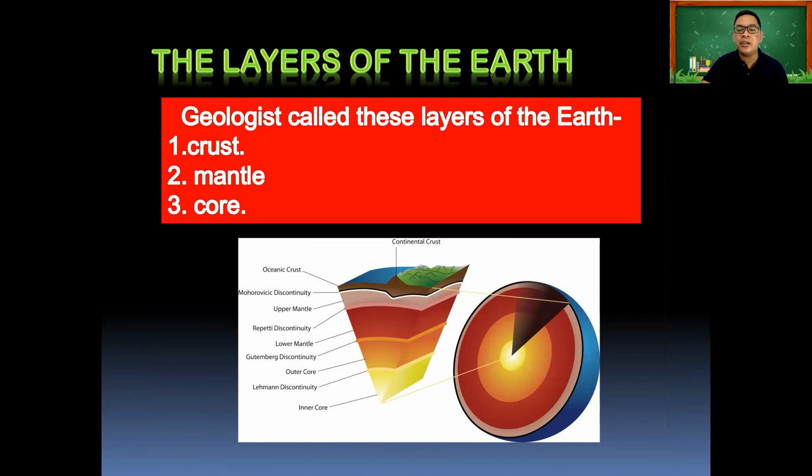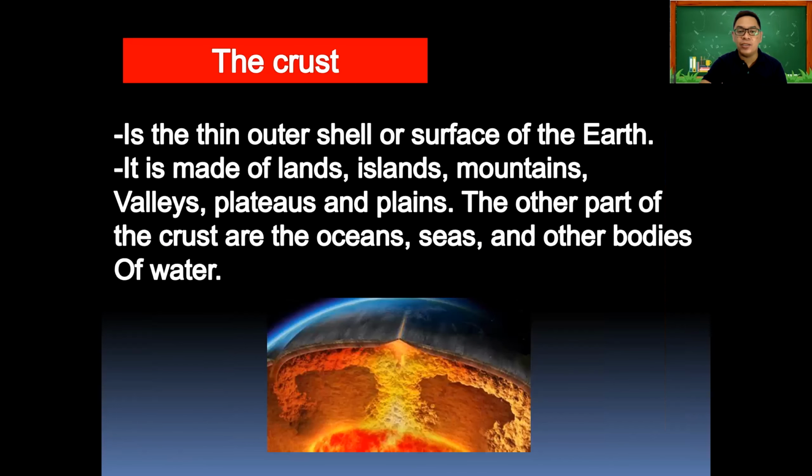Now, the layers of the earth. Geologists call these layers of the earth: number one, we have the crust. Number two, we have the mantle. Number three, we have the core. And as you can see, we have here a picture of the layers of the earth. Now, what is a crust?